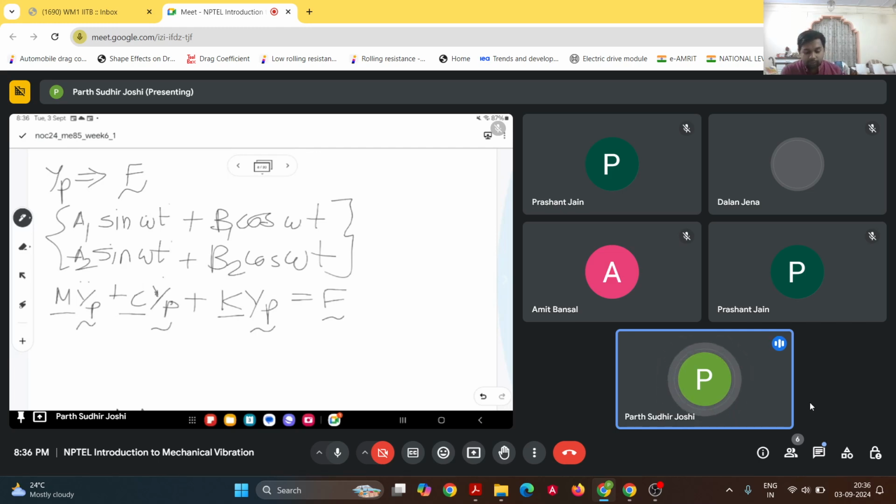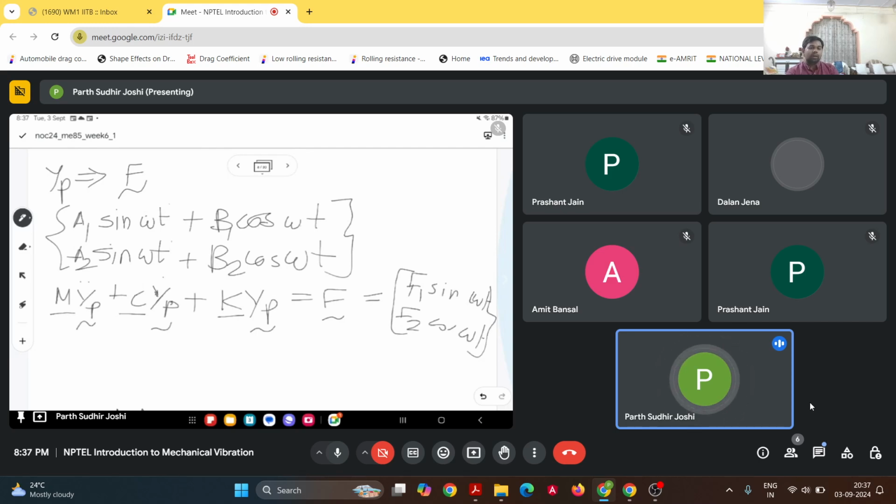So F will have, let us say, some components, let us say f1 sine omega t and f2 cos omega t. Then we have to compare the coefficients of the sine and cos terms, equate them, and find out the values of the coefficients a1, b1, a2, b2 using the usual method, like for the single degree of freedom systems.